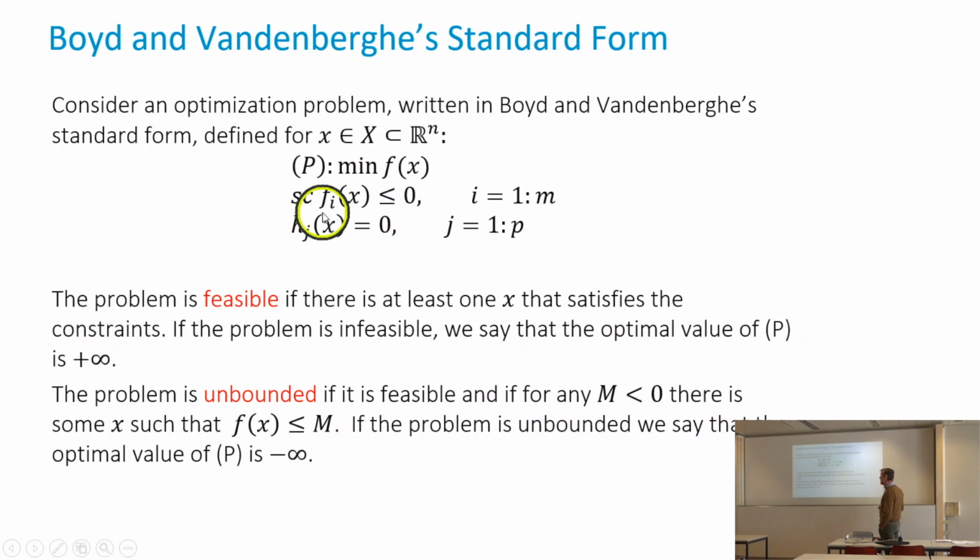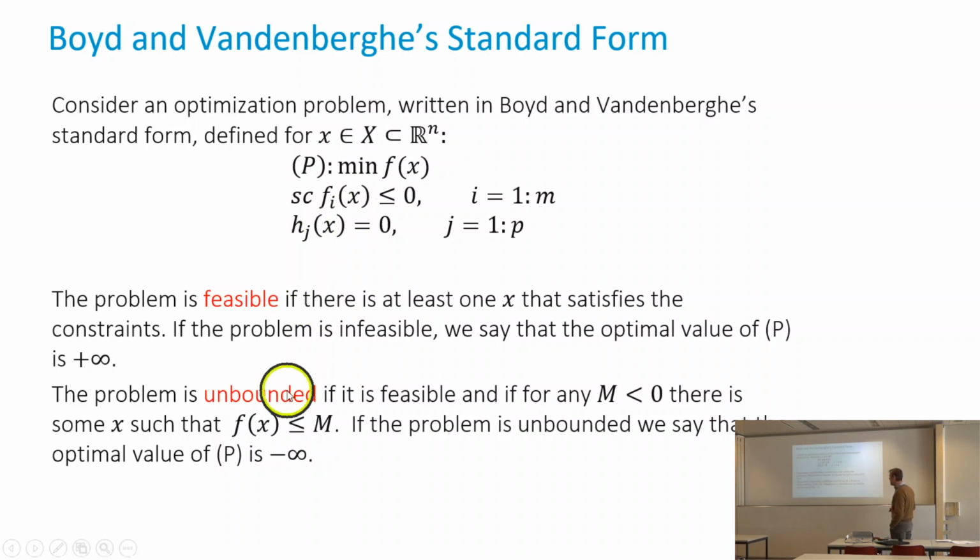Now, if the problem is feasible, that means there is at least one x, and hopefully many x, that satisfy the constraints. It may be that it's unbounded. We had an example when you asked a question before the break. One of the formulations of the problem with t was unbounded, so the minimum was minus infinity. That's exactly what it means here.